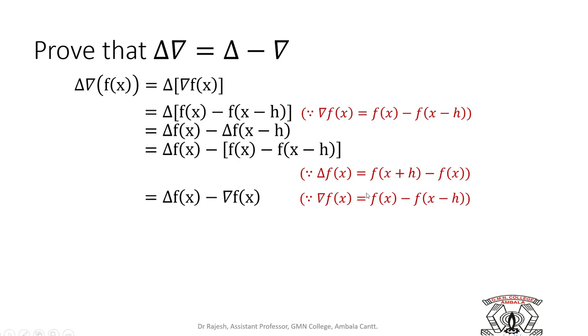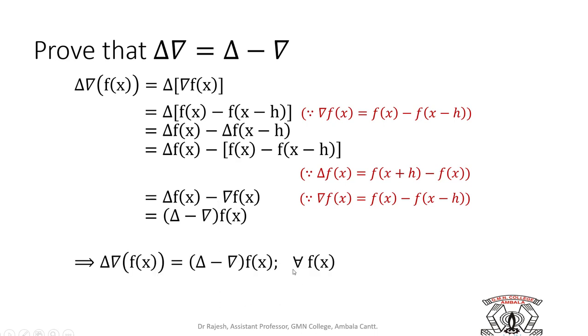This f of x can be taken outside, so it will hold for all such operands f of x. As an identity both will be equal.